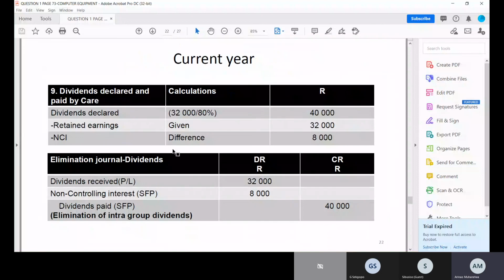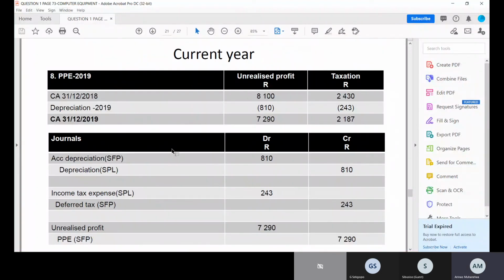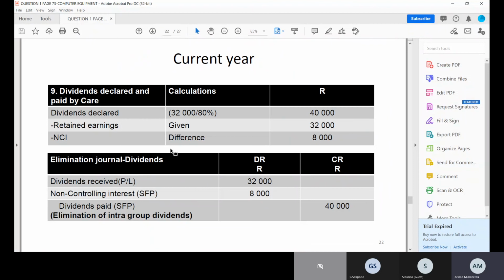I think we're progressing well. This last part I want us to discuss, and then it will conclude this. Dividends, as I've indicated, are also part and parcel of intergroup transactions, but more importantly we're dealing with the 2,000 that was shared between the two companies. This was given in our information.